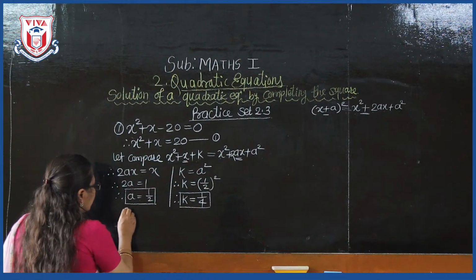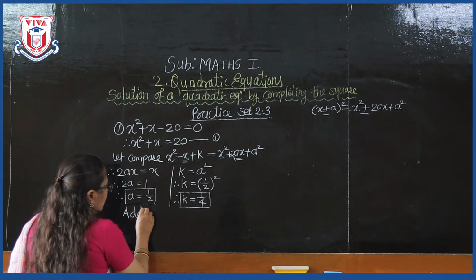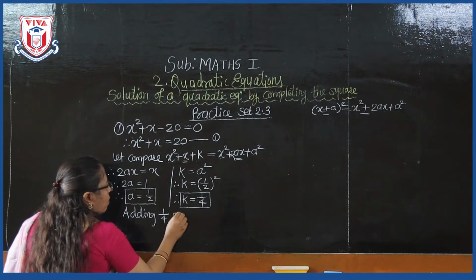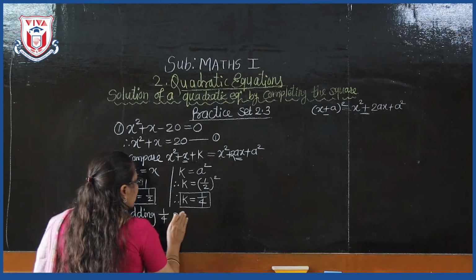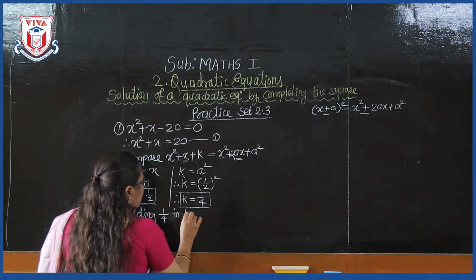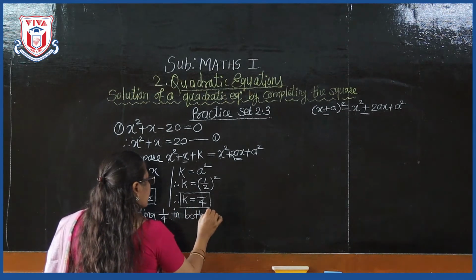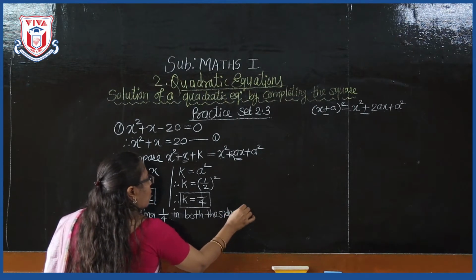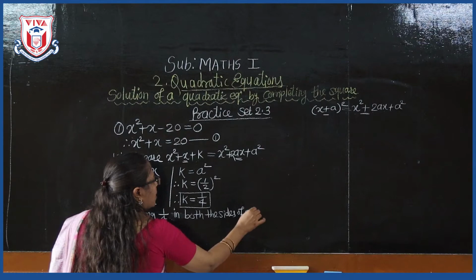So adding 1 upon 4 on both the sides of equation 1.